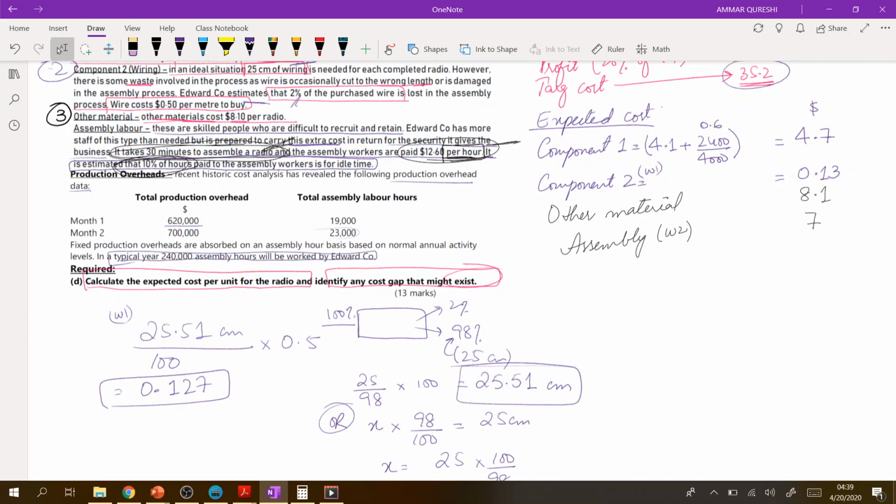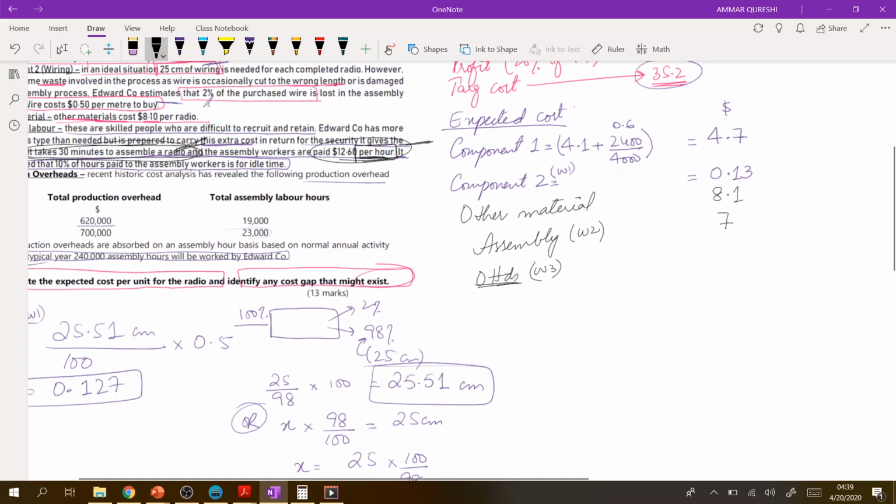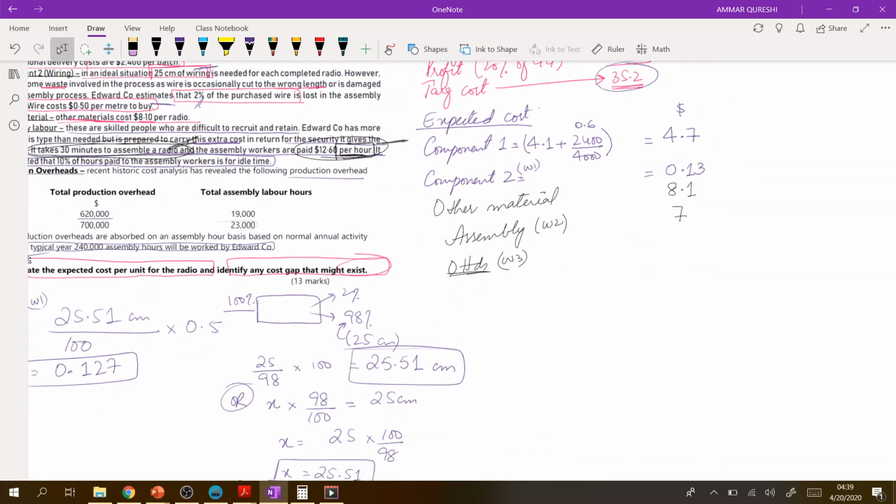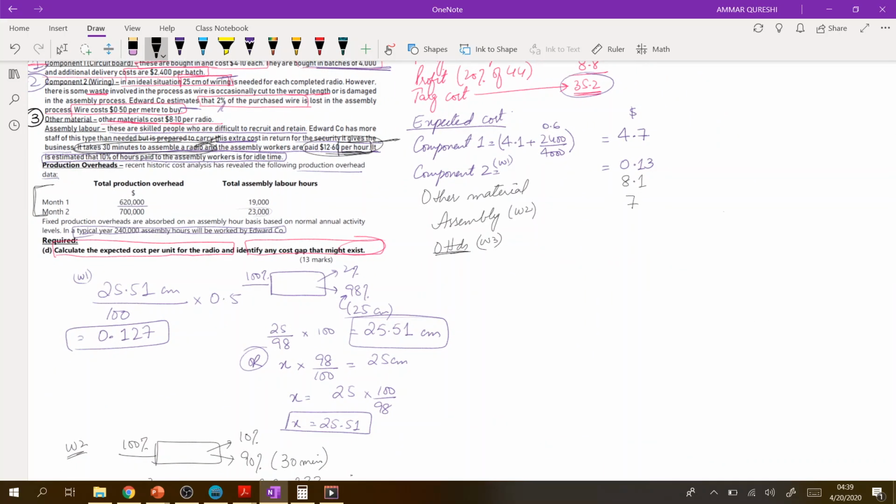What else do we have? We have production overhead cost, right? Production overheads for month number 1 and month number 2 are given. So obviously we are going to apply the high-low method in this case. We are going for working number 3, and we will do working number 3 here. Number of hours are given.